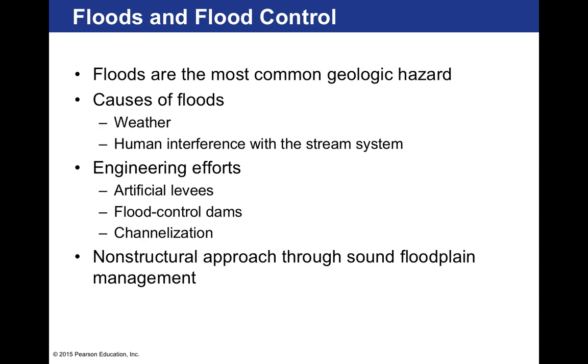You can make an artificial levee, which is just a buildup of the side of a river to attempt to contain a river if it increases in depth as you have more and more water coming from the head of the river. You could have flood control dams, and then also something called channelization. So there is also non-structural approaches through sound floodplain management as well to control floods.